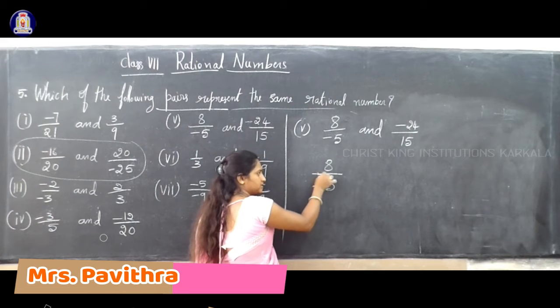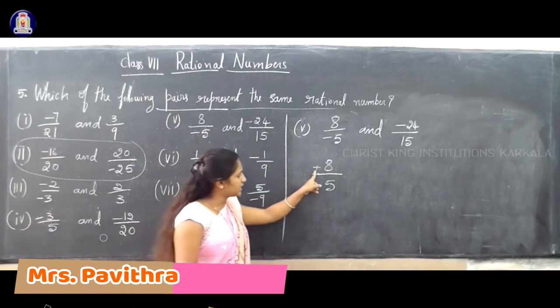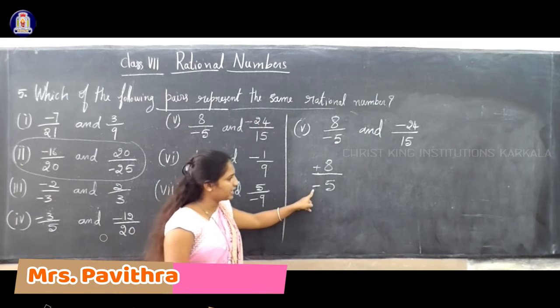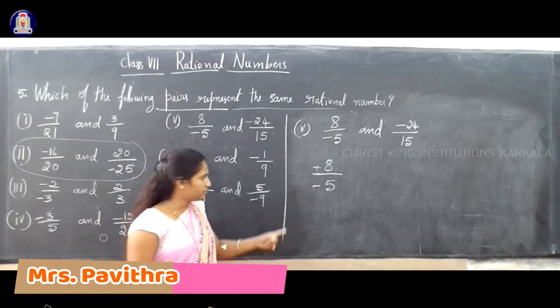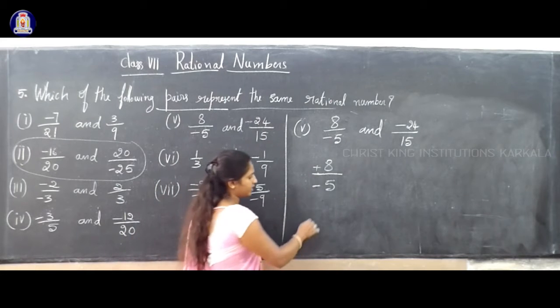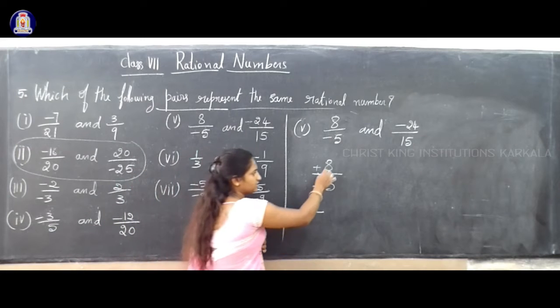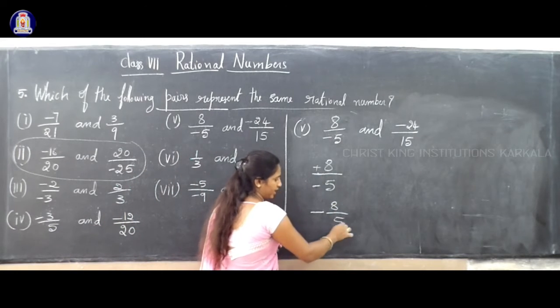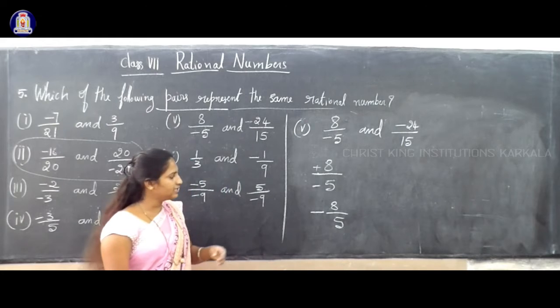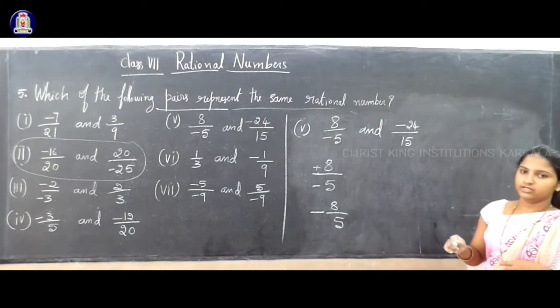The sign here is plus and here the sign is minus. The numerator sign is plus and the denominator sign is minus. So apply plus minus, which is minus. The number is 8 by 5, so minus 8 by 5, and here minus 24 by 15.